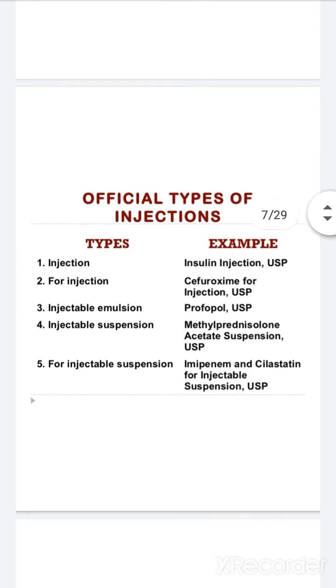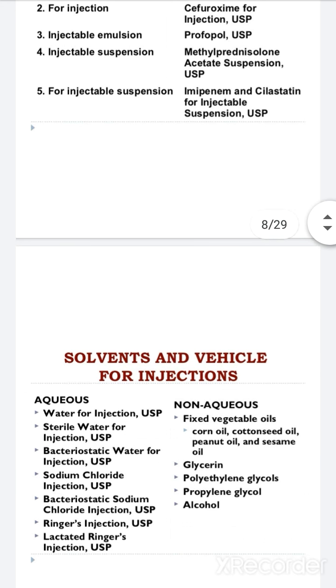Then solvents and vehicles are what carry the medicament, or in which the medicament is soluble, by which the medicament is administered to the patient. Only the medicament cannot be administered.